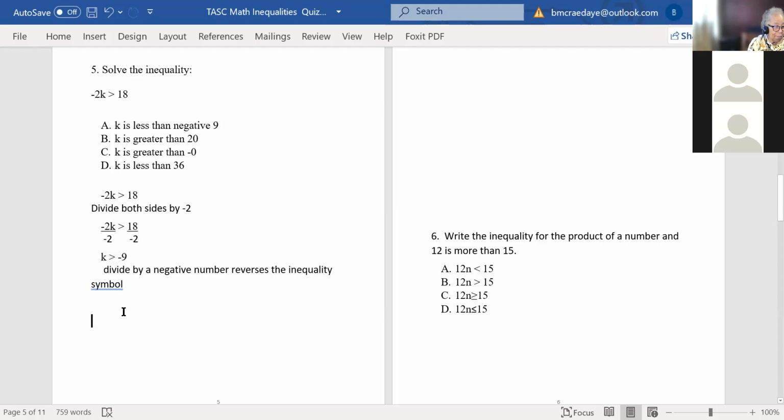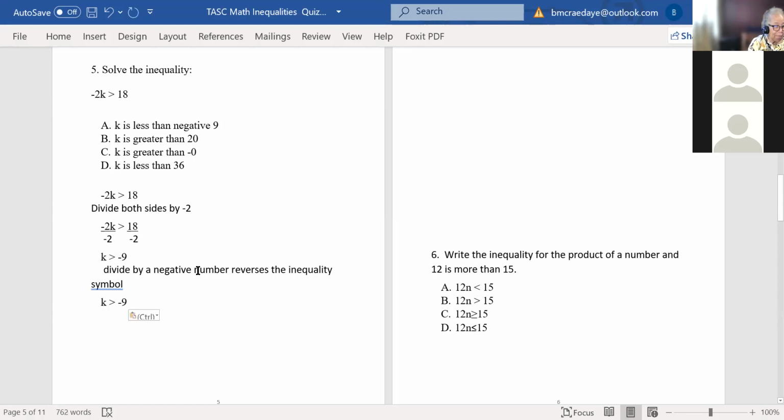If we reverse the inequality symbol, the greater than becomes what? Less than. Right, so this would be less than. Divide by a negative number reverses the inequality symbol, so the greater than becomes a less than. Then you look at the answers.